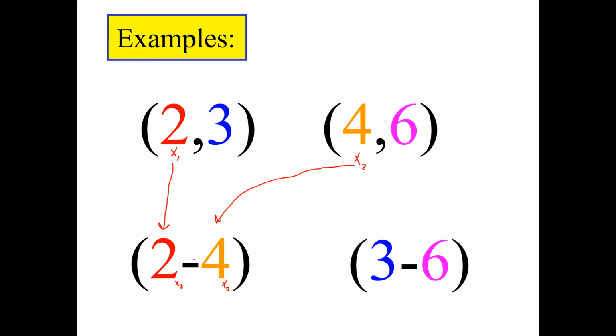So then we have 2 minus 4. Well, what's 2 minus 4? Negative 2. Let's do the same thing for y. We pull out our 3, which is our y1. And we have our 6, which is y2.